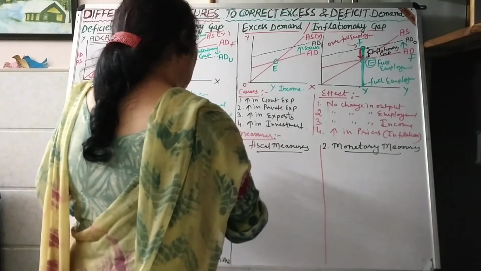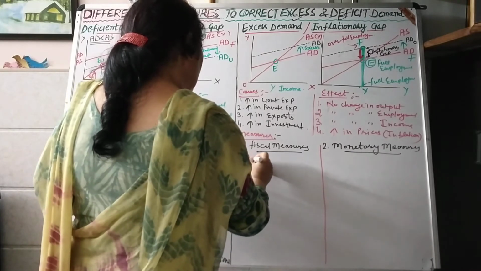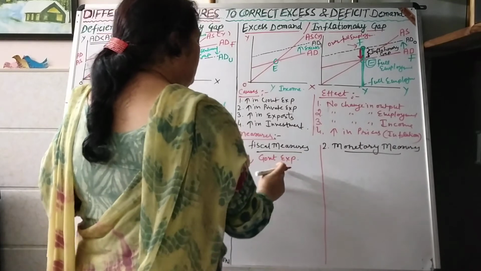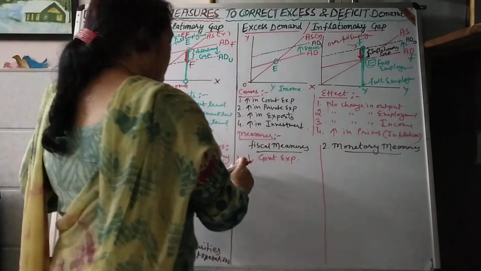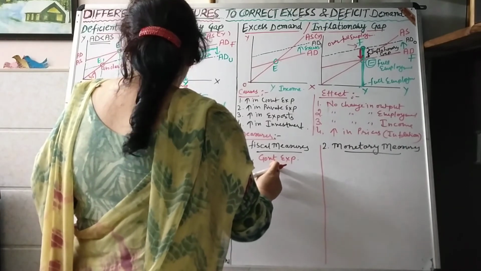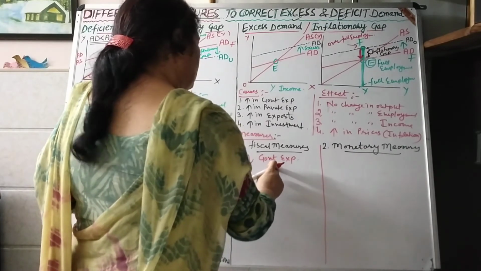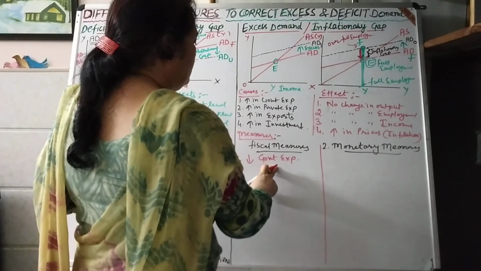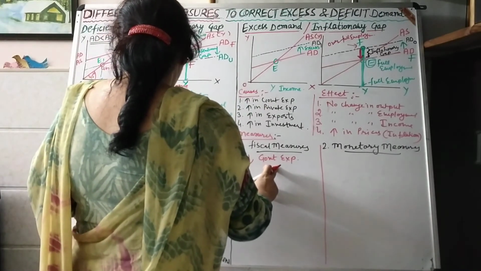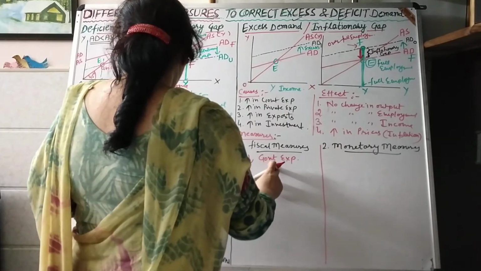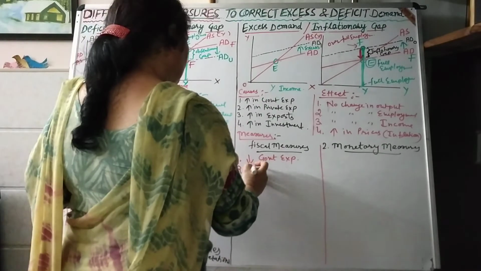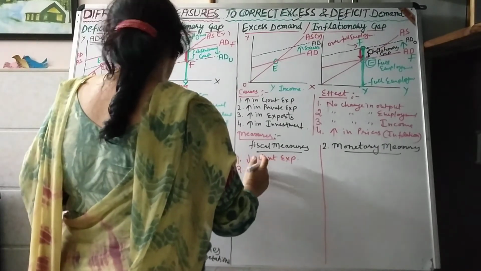Number one, government should reduce its expenditures on public welfare projects, as expenditure on defense, expenditure on the maintenance of administration, expenditure on maintenance of law and order. Similarly, hospitals or education, government should reduce its expenditures.